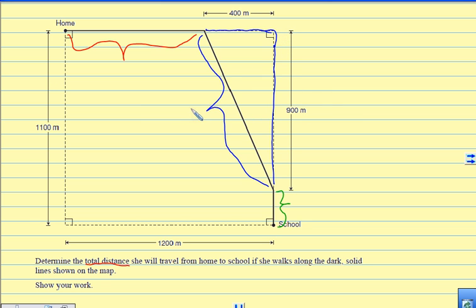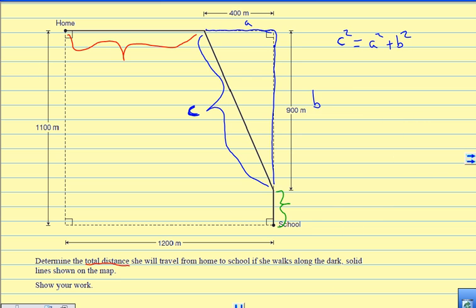Well, remember it says that the hypotenuse is always labeled C, and then we have two other sides, we can say A and B. Pythagorean theorem says that the square of the hypotenuse is equal to A squared plus B squared.